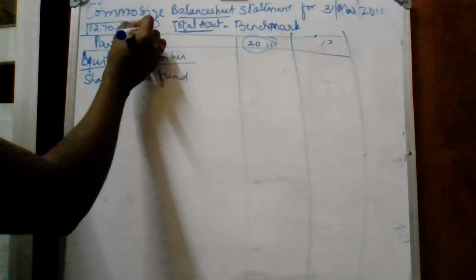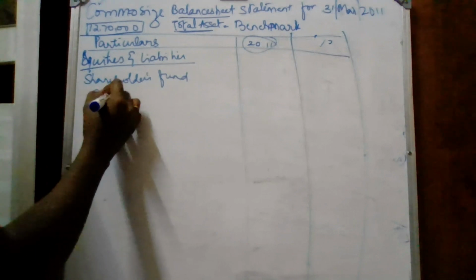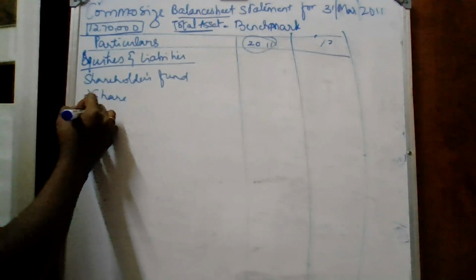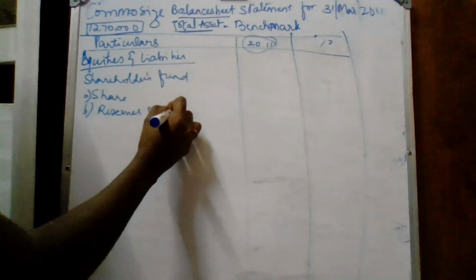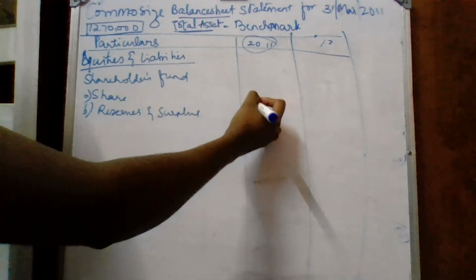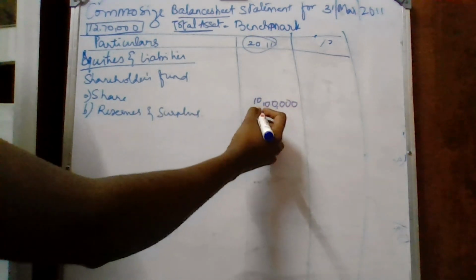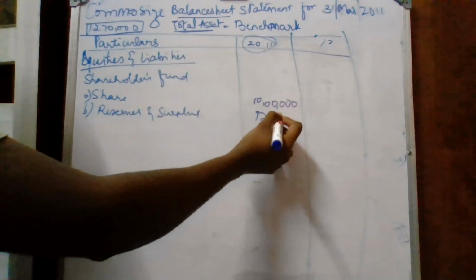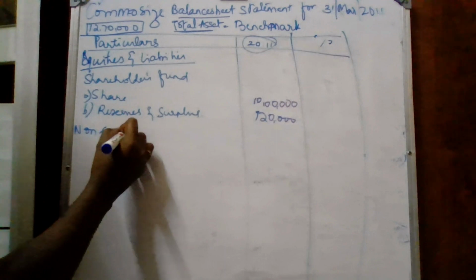Under shareholders' funds, we have share capital and reserves and surplus. In 2011, share capital was 10 lakh and reserves were 1,20,000. Then we have non-current liabilities, the loans.